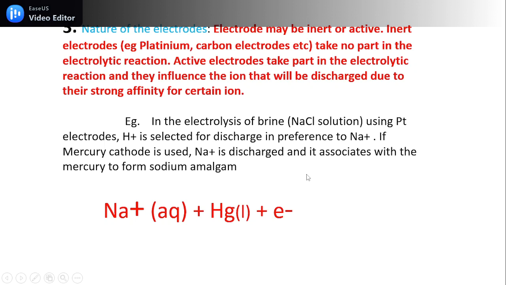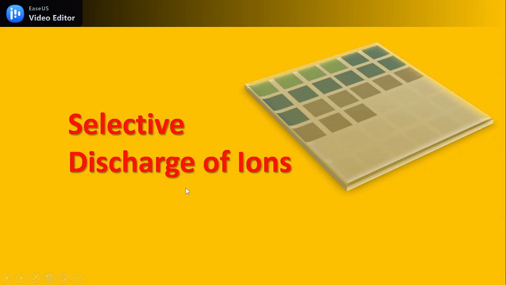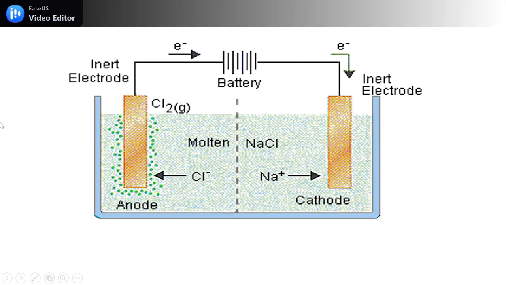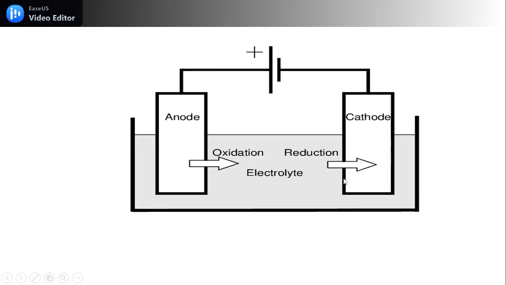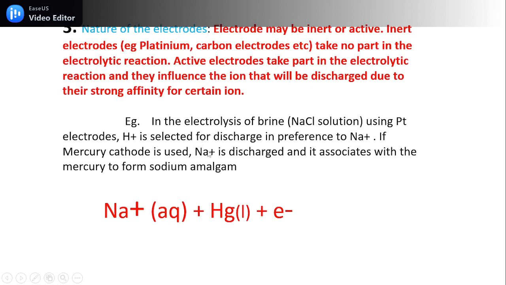So when we make use of platinum electrodes, in the electrolysis of brine, H+, which is the hydrogen ion, is selected for discharge in preference to sodium ion.